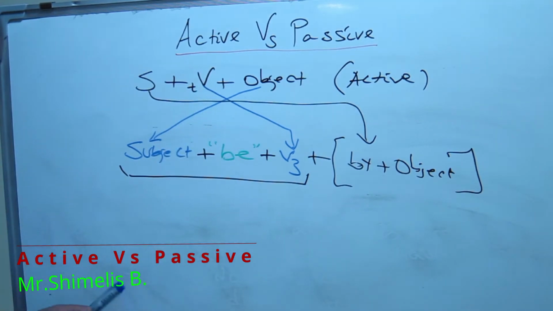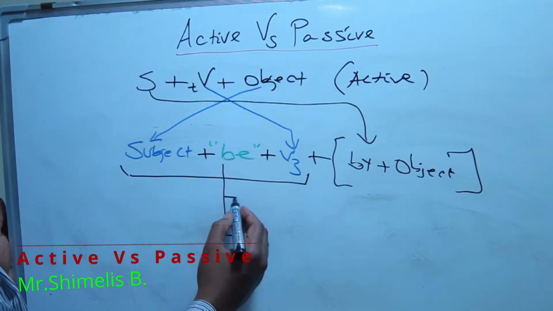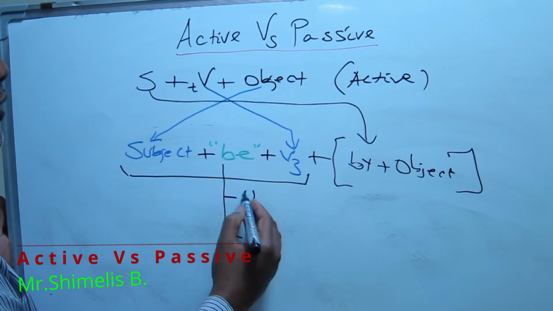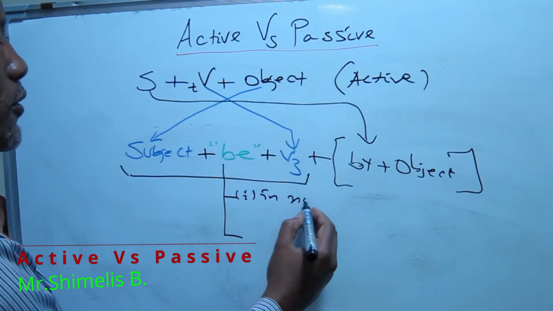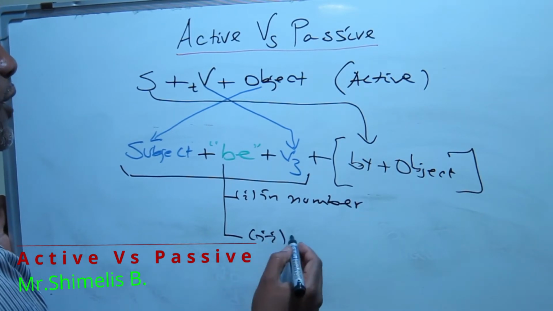How? Let's see. This verb to be has to agree in two things. One, in number. Two, in tense.